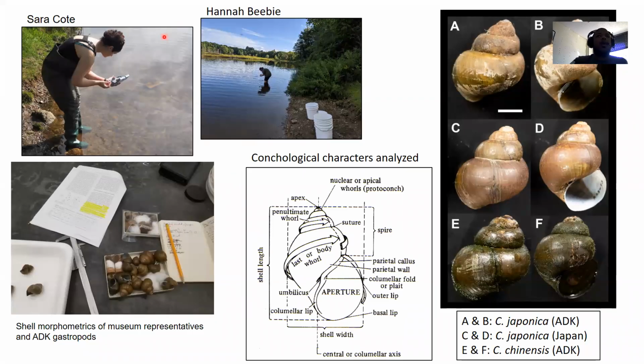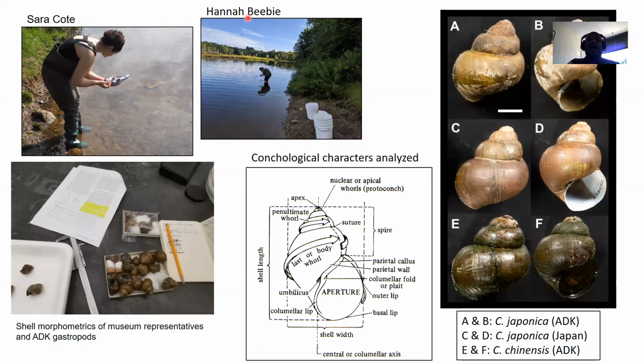So one of the first studies that we did in this Adirondack region was a typical rapid assessment survey where we would go out into the lakes and rivers, sample for an hour at a specific depth, and collect as many mollusks as we can, gastropods and bivalves. Sarah Coates, who was a McNair student, and Hannah Baby were the two students that really spearheaded a lot of the field work.